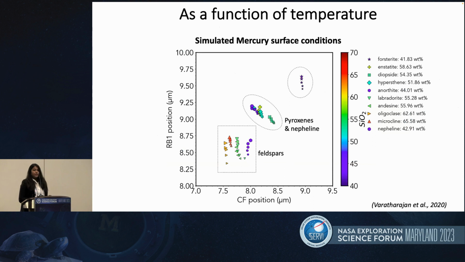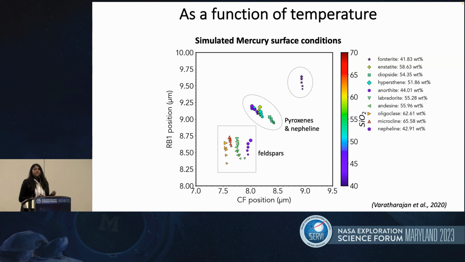What happens as a function of temperature? Here, the increase in the size of these data points corresponds to the increase in temperature. So we have 100, 200, 300, 400, and 500 degrees Celsius for the samples. With increase in temperature, for the feldspars we see a huge shift in the RB1 position, but the CF only slightly, and we have both shifts for the pyroxenes, and the olivines have some shifts in the RB1 position.